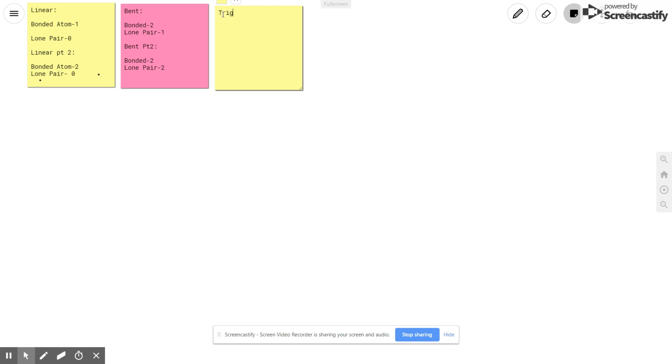Trigonal planar is pretty easy because there's only one variation of the shape. So with trigonal planar, you have three bonded atoms with no lone pairs. So bonded, you have 3, lone pair, you have 0.